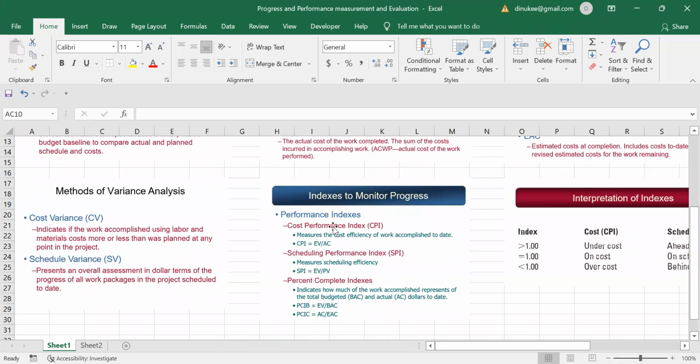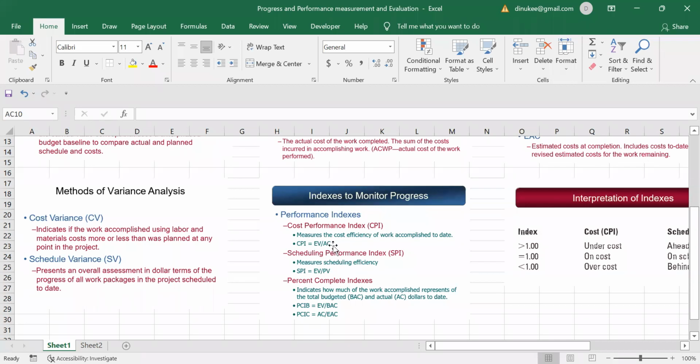So the cost performance index, how can you calculate it? In the cost performance index, we are measuring the cost efficiency of work accomplished to date. So in calculating the cost performance index, you have to take the earned value and divide it by the actual cost.